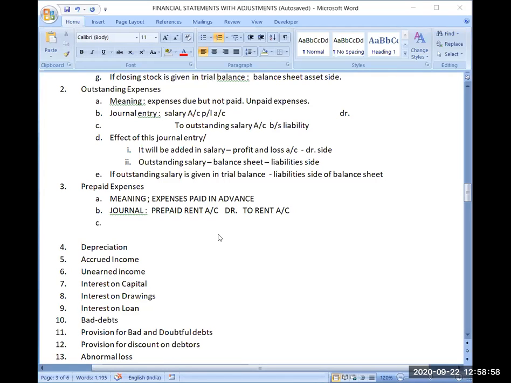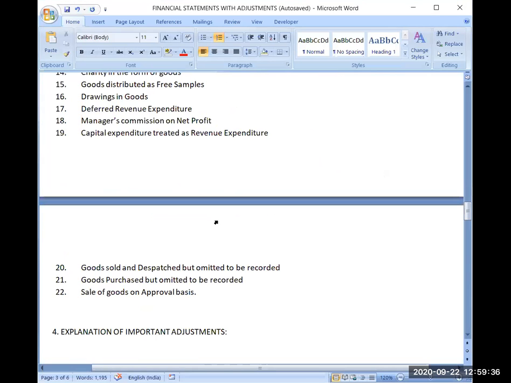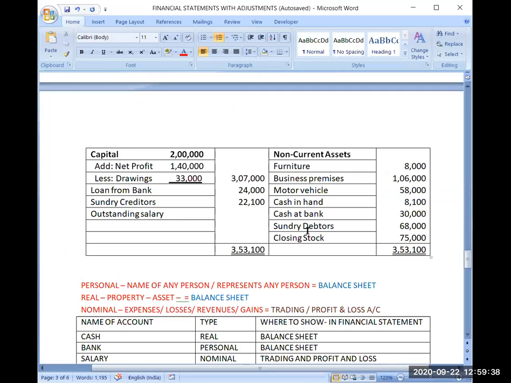Now, on which side of the balance sheet? Yes, on the asset side. Prepaid rent, because it is debited, will go to the asset side of your balance sheet here.